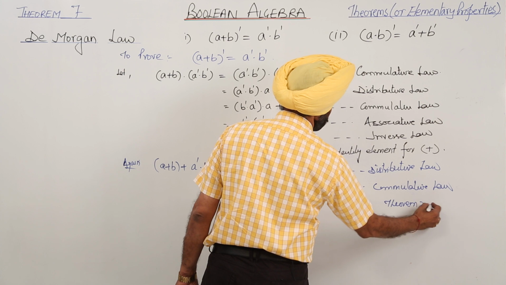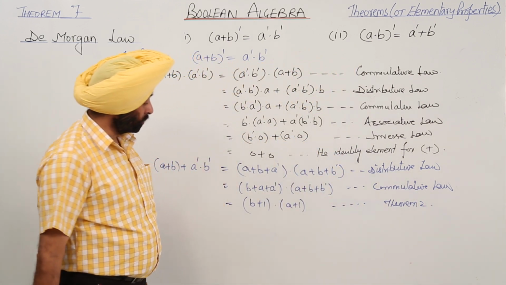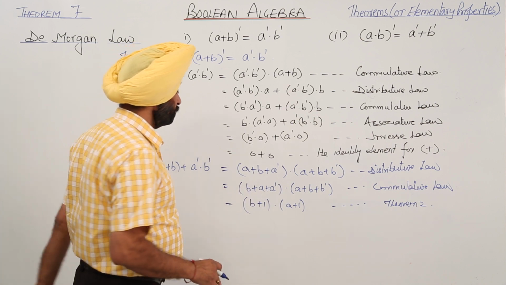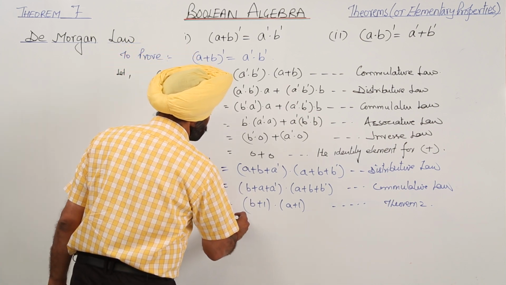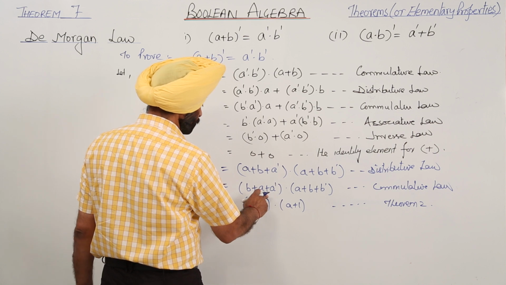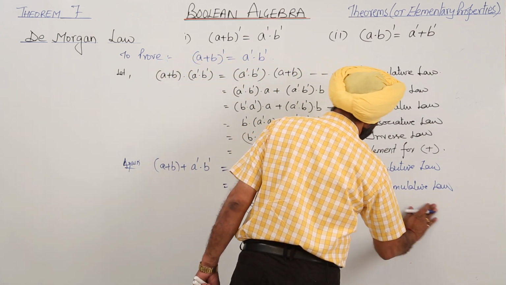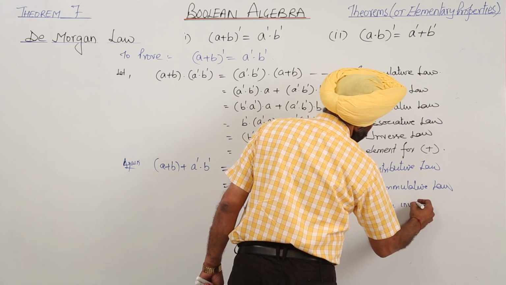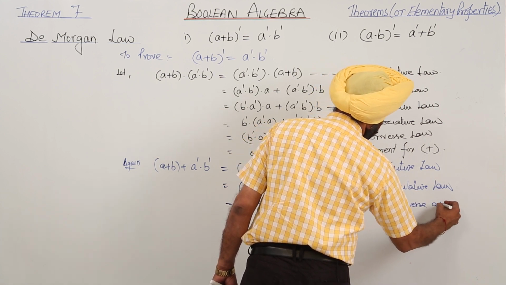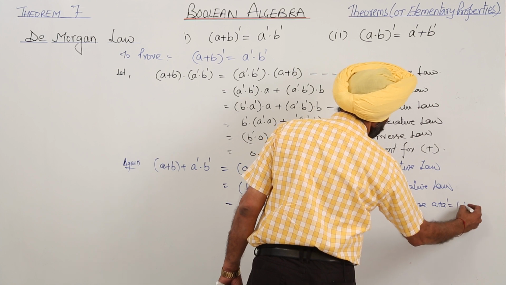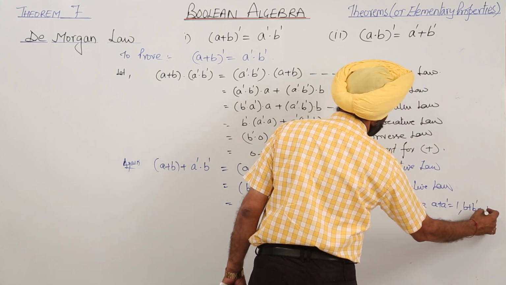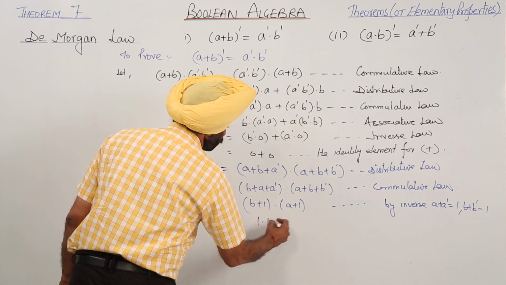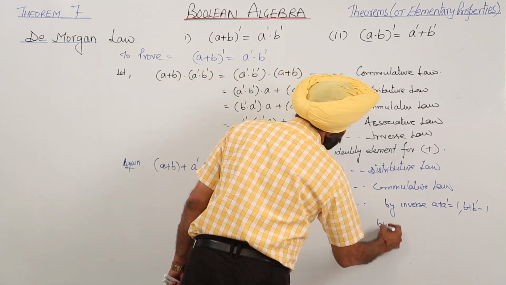We have already done theorem 2. A plus A inverse and B plus B inverse. I am sorry. A plus A inverse is equal to 1, similarly B plus B inverse is equal to 1. Now this becomes what? 1 dot 1. Now this is by theorem 2.